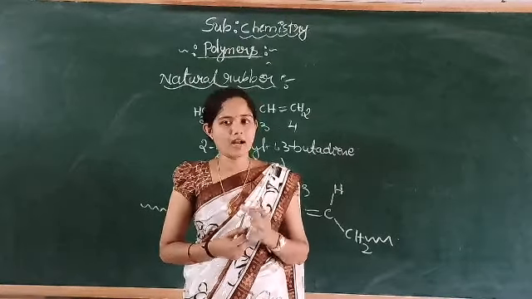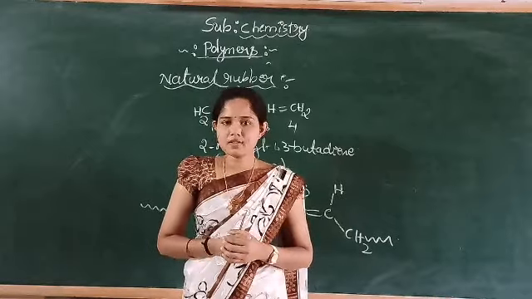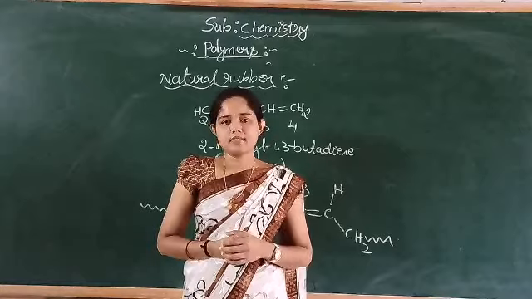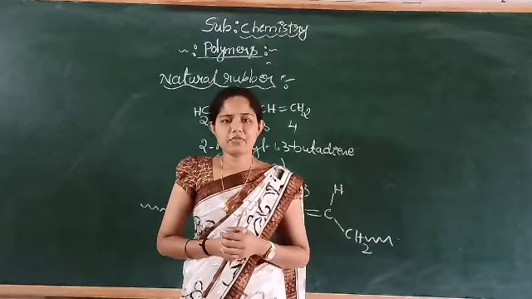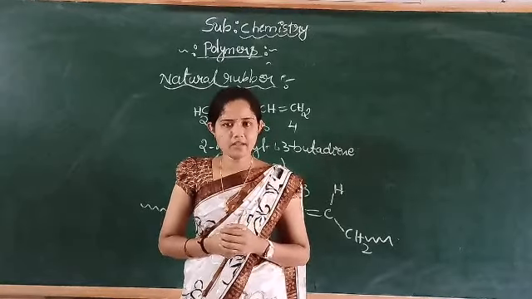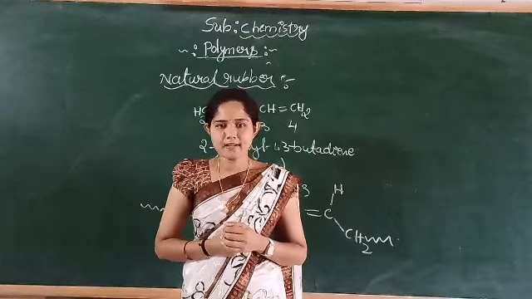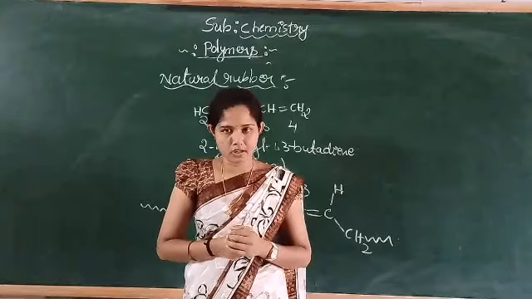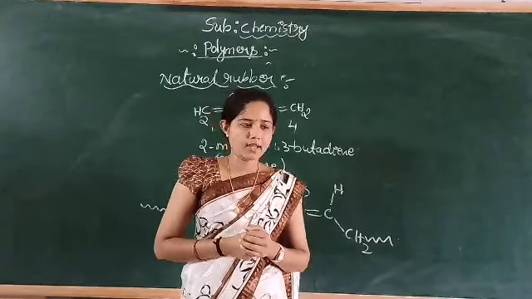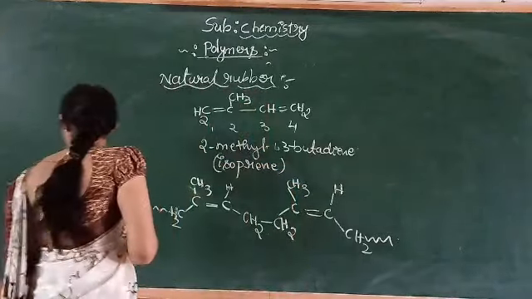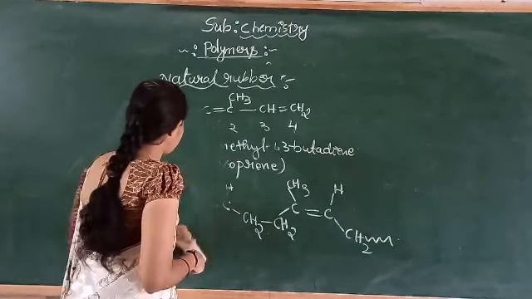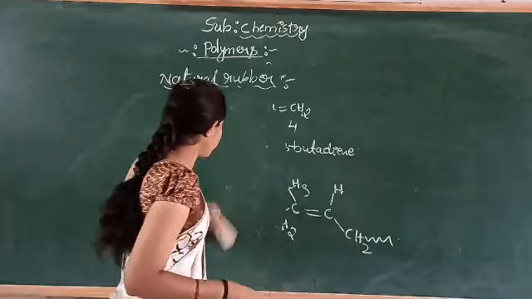Sulfur is the best additive to increase the strength of natural rubber. The addition of sulfur to natural rubber to increase its strength is known as vulcanization. Next is vulcanization of natural rubber.